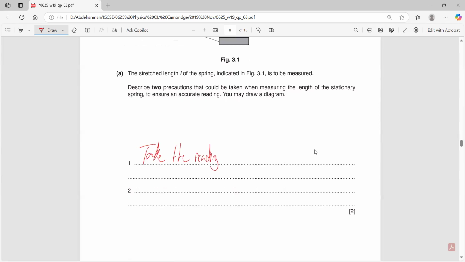Take the reading perpendicularly to avoid parallax error. And then we need to put the ruler close to the spring.